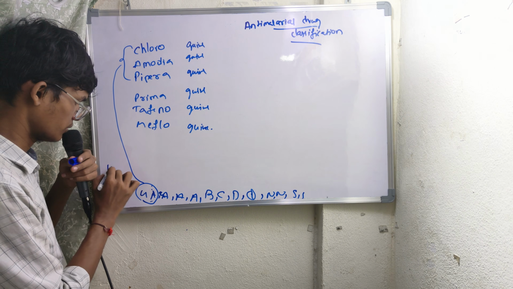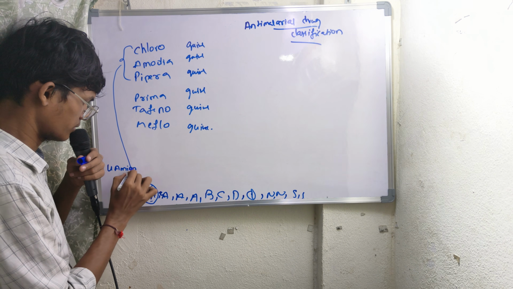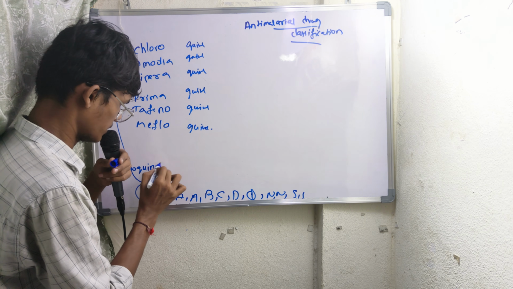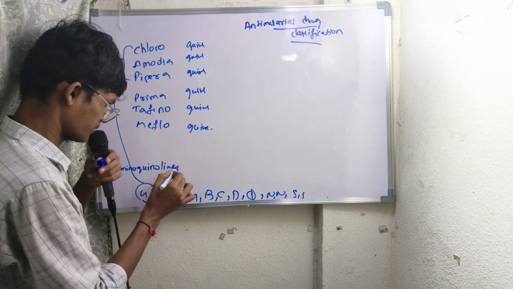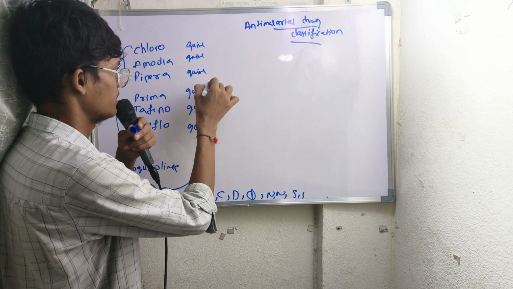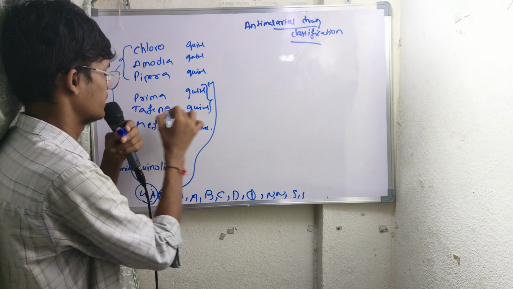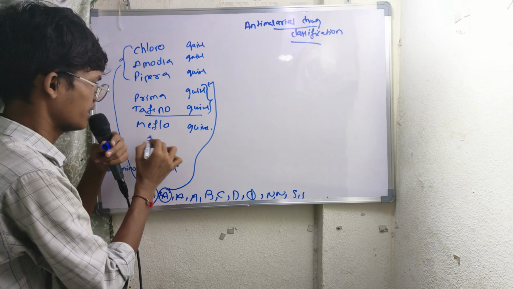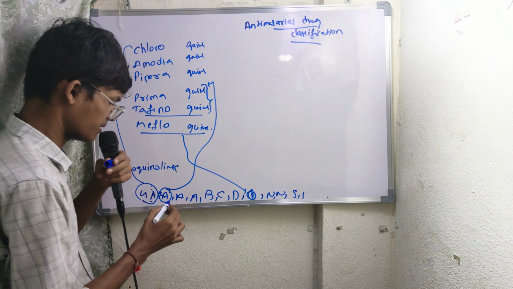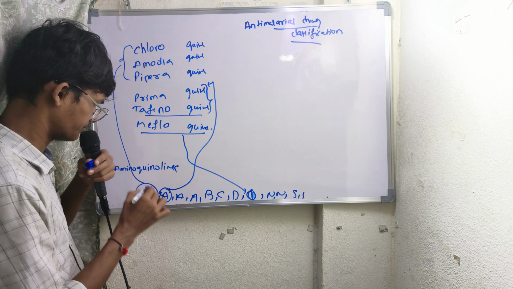This A represents 4 amino quinoline, and this 8A is for these 2, that is primaquine and tafenoquine, and this mefloquine goes with this Q. What are the abbreviations of this?